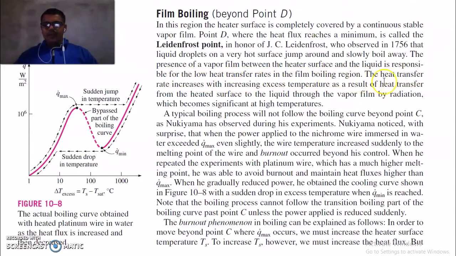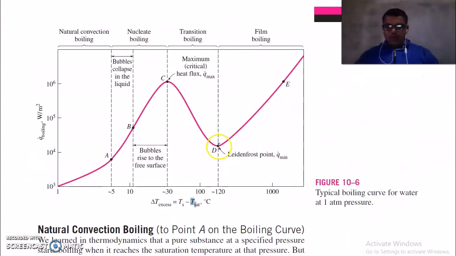In film boiling, the heat transfer rate further increases with increasing excess temperature as a result of heat transfer from the heated surface to the liquid through the vapor film by radiation. So beyond point D, the film will be found between the surface and the liquid, and the heat transfer is still further increasing. The reason is that at higher temperature, the heat transfer is due to radiation between the surface and the liquid, because radiation can pass through the gaseous medium.